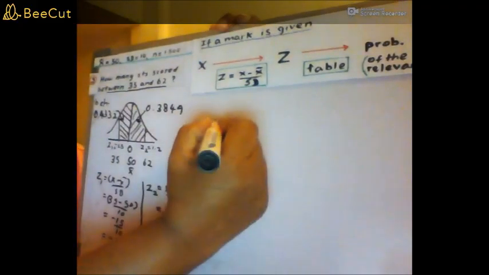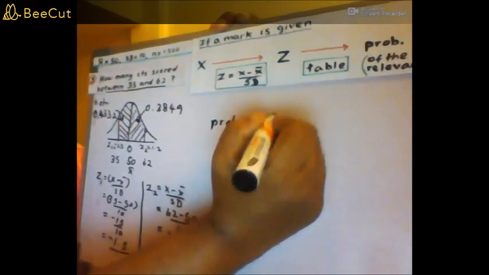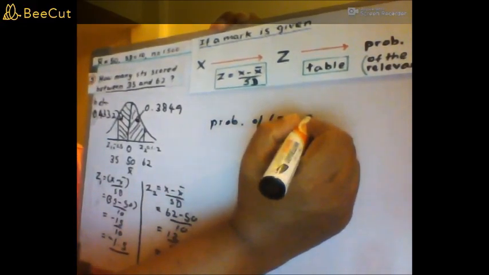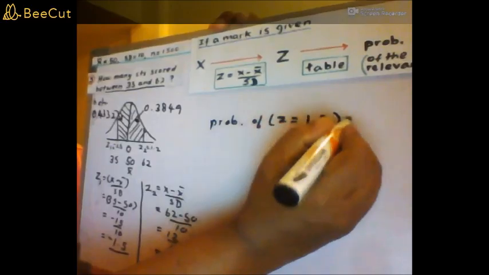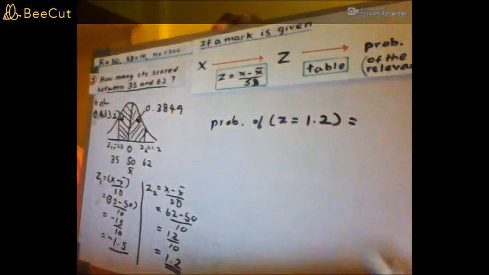If you don't have time at the exam to write the lines, just write the values here. Probability of Z equals 1.2 equals 0.3849.